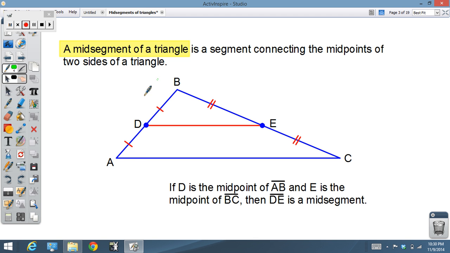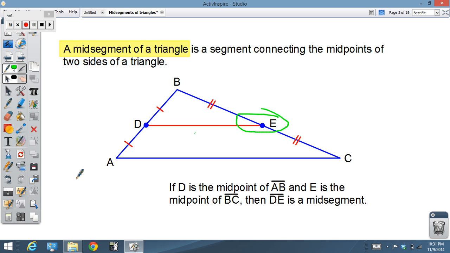What happens now if we take the sides of a triangle and find their midpoints? Side AB of this given triangle ABC has a midpoint D, and as with every midpoint, it divides side AB into two congruent halves, AD and BD.